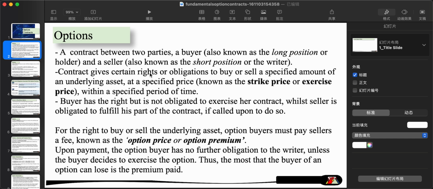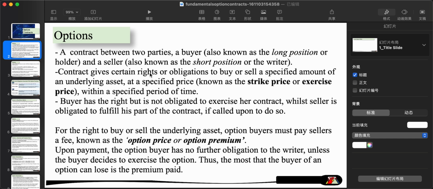The option buyer is the car purchaser, the consumer looking to buy the option with a premium, which is the 1% of the car value, in order to secure the right to purchase the car with the discount. So that is basically a very simple analogy for options for both sides.